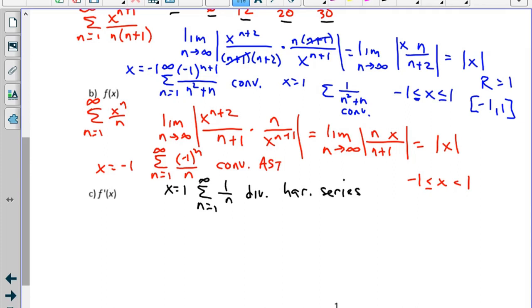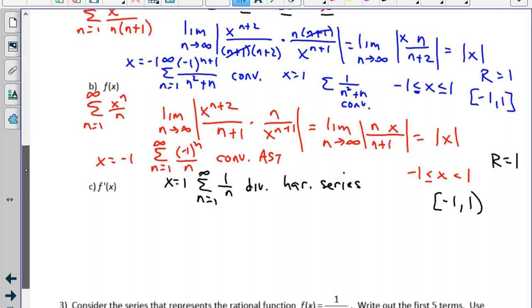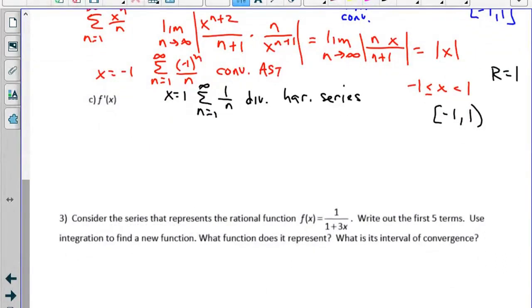And I know that by the p-series test that diverges. So therefore, the ratio test and all the subsequent testing of the endpoints give me -1 inclusive to 1 exclusive. So my radius is 1 and my interval of convergence is -1 with a bracket and 1 with a parenthesis.